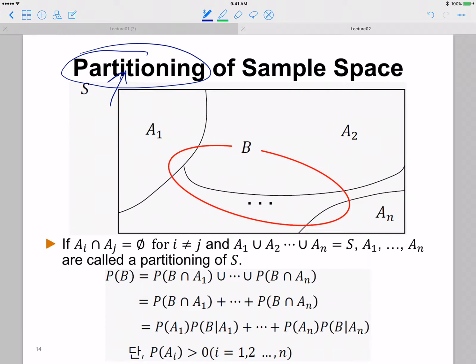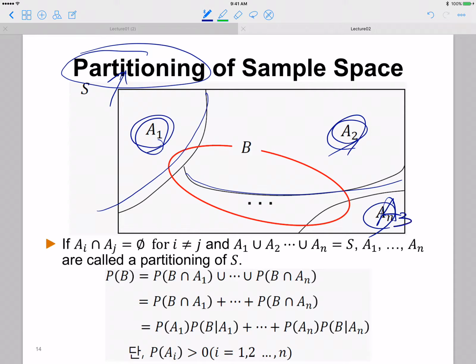Suppose we have these four events, A1, A2. Let's forget about the red line for now and only focus on the boundaries between the A's. We have A1, A2, A3, and the remaining part will be A4. In the case of rolling a dice, A1 will correspond to the set containing only 1, and then 2, 3, and maybe 5, and 4, 6.